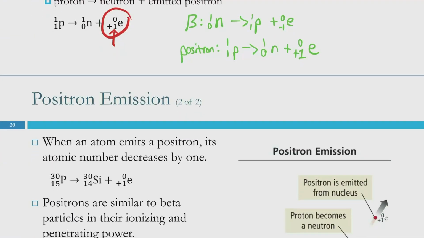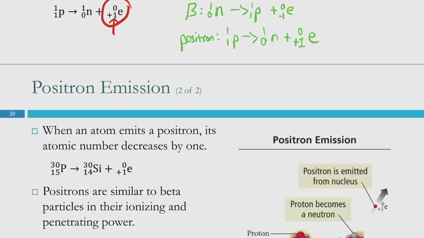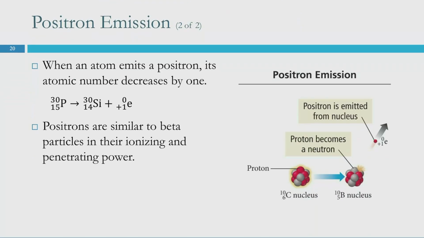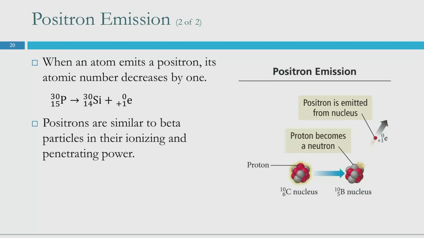When an atom emits a positron, its atomic number decreases by 1 because we're turning the proton into the neutron. The mass number stays the same. But atomic number decreases by 1.